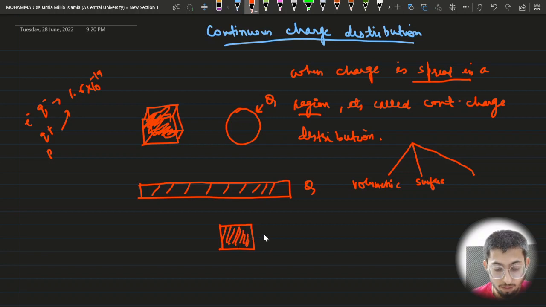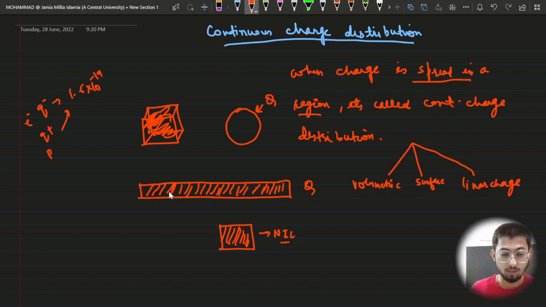It does not have a height. Its height is assumed as nil. That is called surface charge, and the other is linear charge. In this case, you have a strip which does not have any width or height. It only has a length, and the charge is distributed all over its length.